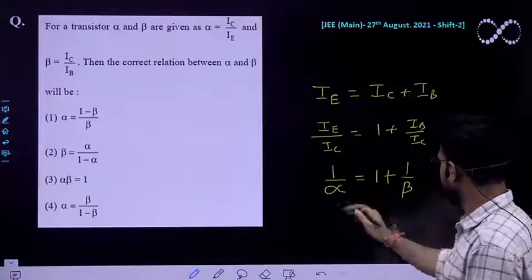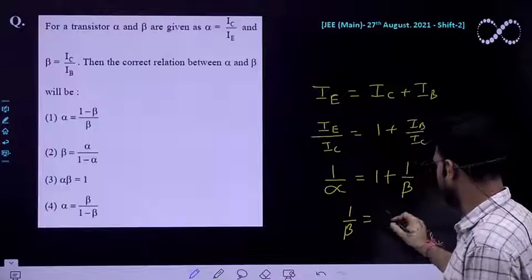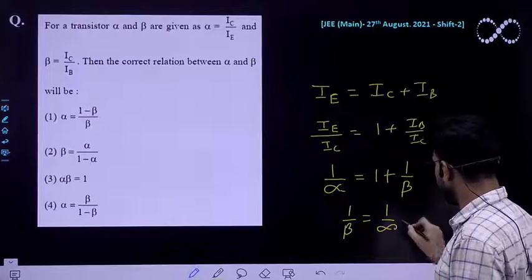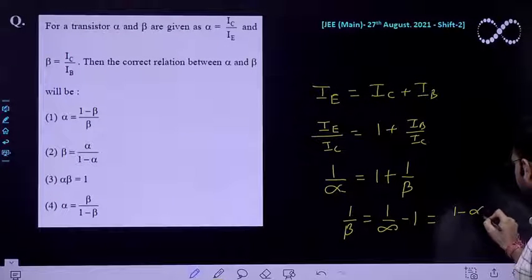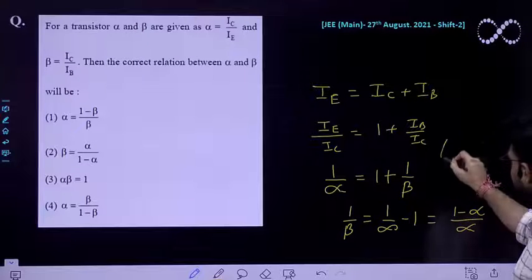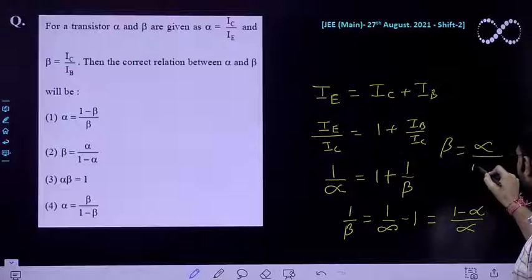It can also be written as 1 upon beta equals 1 upon alpha minus 1. So it would be equivalent to 1 minus alpha by alpha. So beta comes out to be alpha by 1 minus alpha.